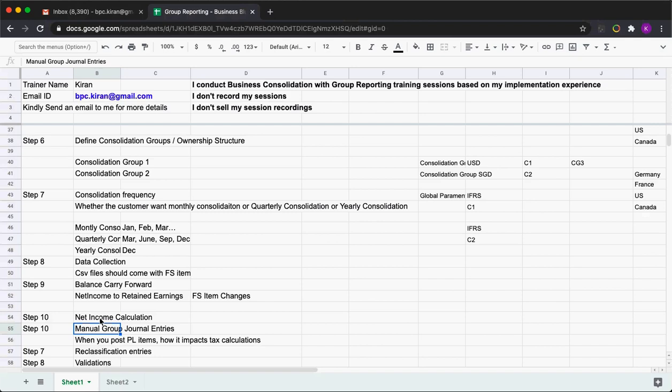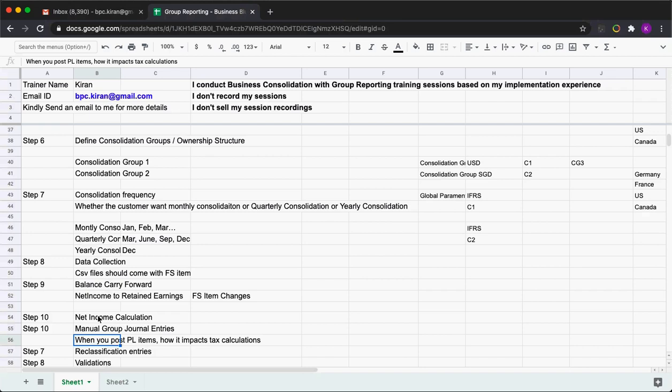Manual group journal entries: there is an option after net income calculation. These are all entity level, you know, right? Balance carry forward, data collection, net income: all these happen at consolidation unit or entity level. So these are your documentation. Now, for manual group journal entries, one of the participants asked a valid point. Say I calculated the net income.